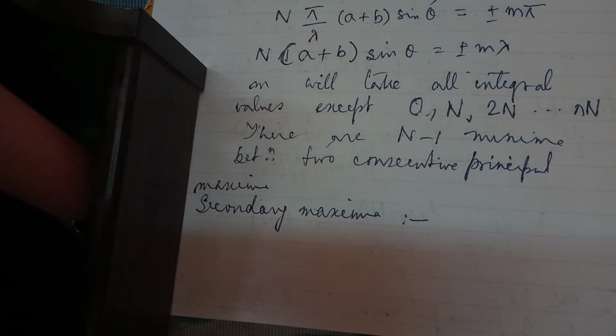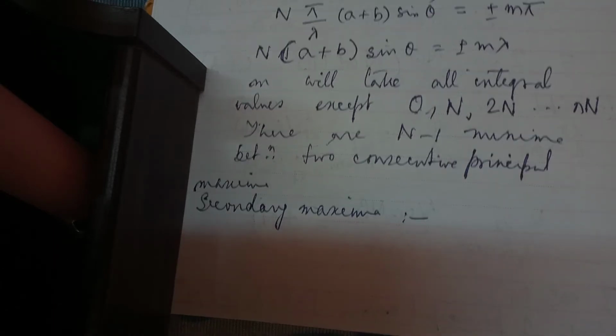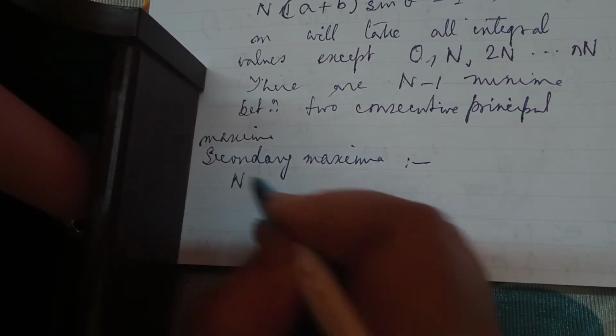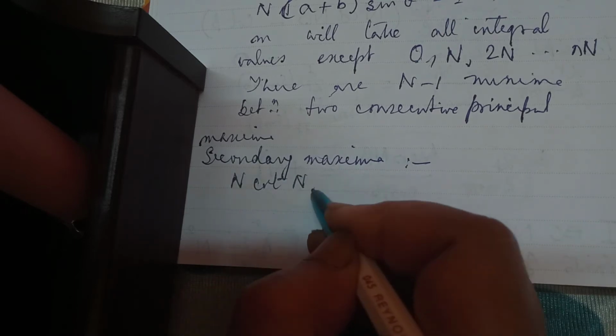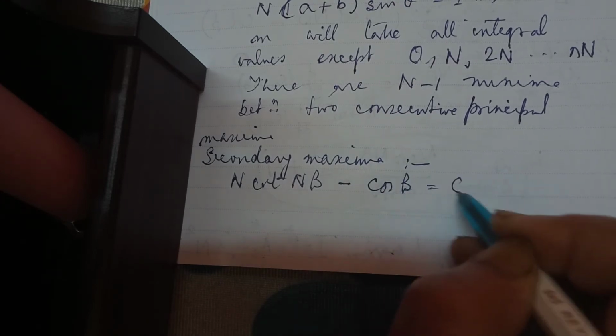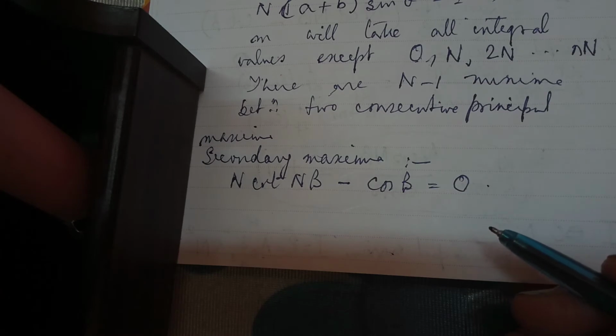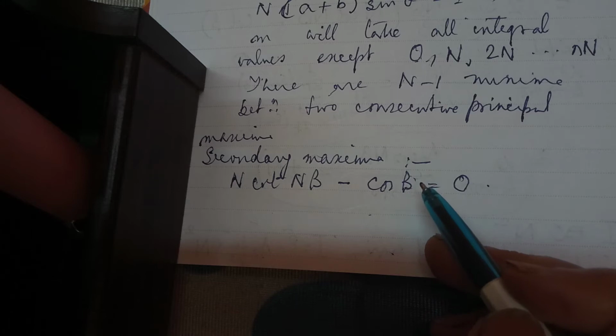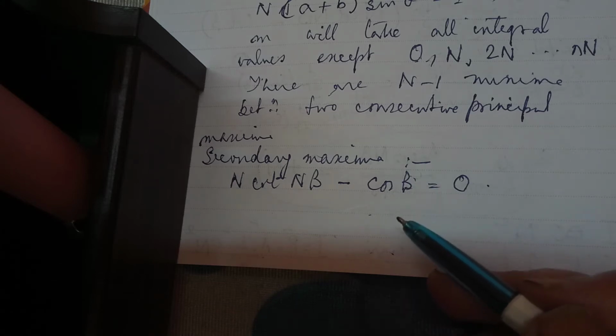Well, for secondary maxima, we consider the second equation now: n cot n beta minus cot beta equal to 0. If you consider this equation, its roots other than those of beta equal to n pi give rise to another set of maxima, which is secondary maxima, isn't it?